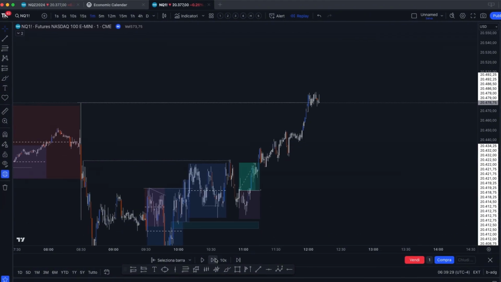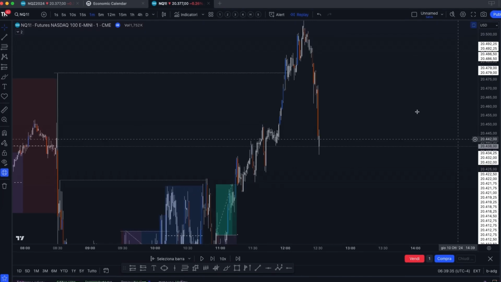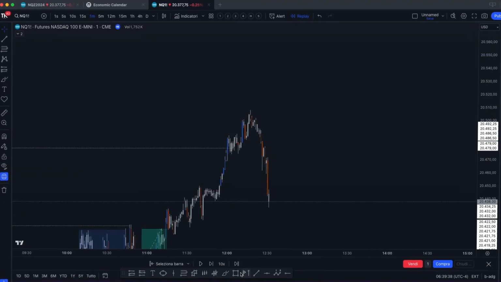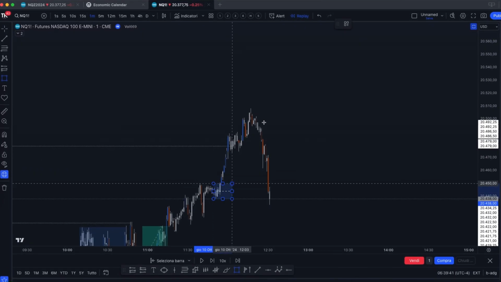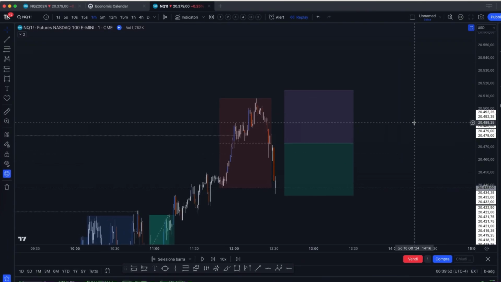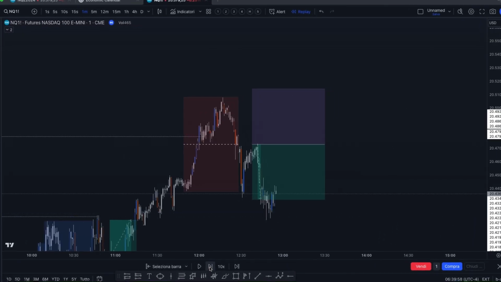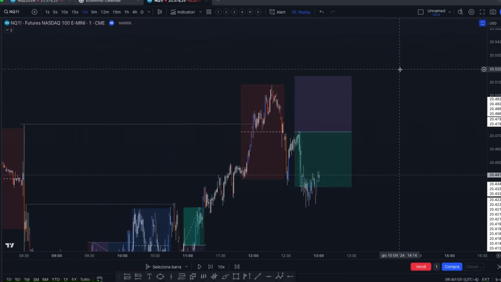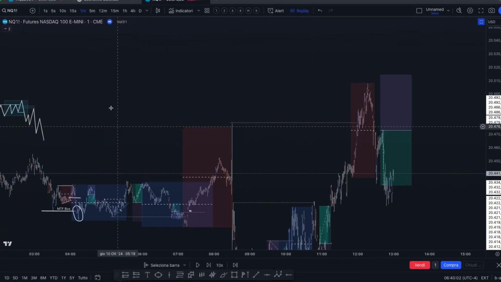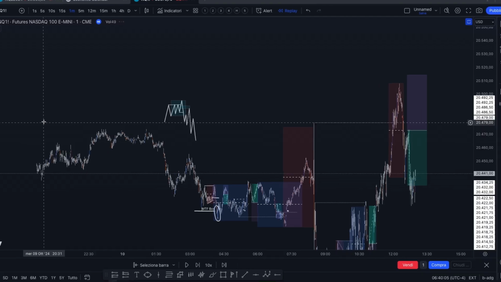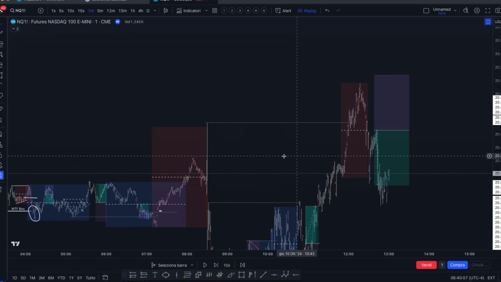I just wait for the price to change the structure, like here. And this was my last trade of yesterday. And this is where you can leave your profit running here. Why? Because we grabbed yesterday's highs, which was, I don't remember where, about something here, somewhere here.